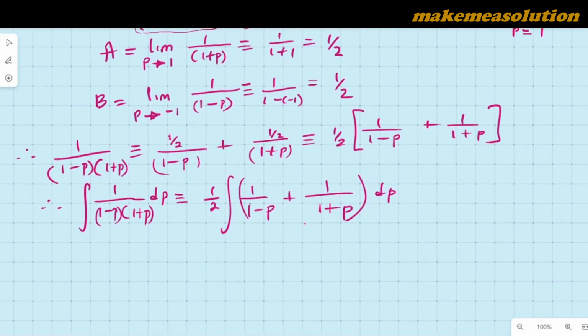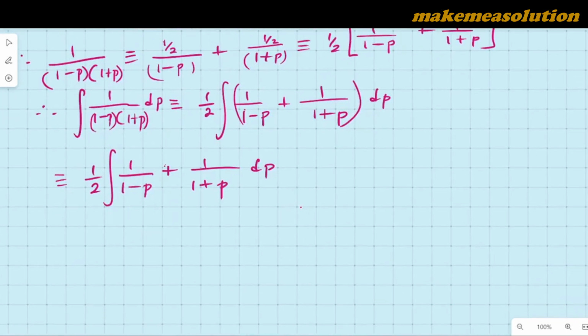So this is our integral. Continuing at this level, we now have 1 over 2 integral of 1 over 1 minus p plus 1 over 1 plus p dp. Now here's what is going to happen. We're going to distribute the integral like this.